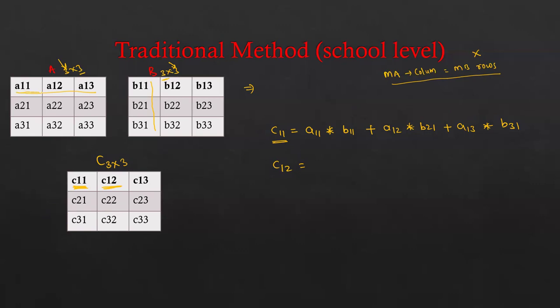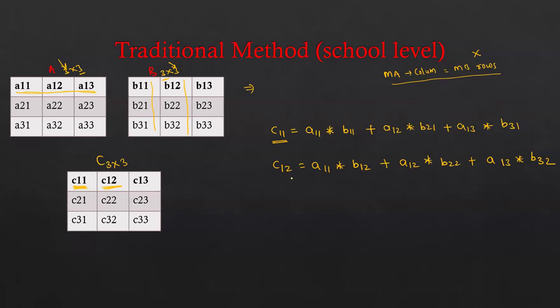The first row of the A matrix is multiplied with the second column of the B matrix. So what is the value we get? A11 into B12 plus A12 into B22 plus A13 into B32. When you evaluate this equation, you will get the C12 value.